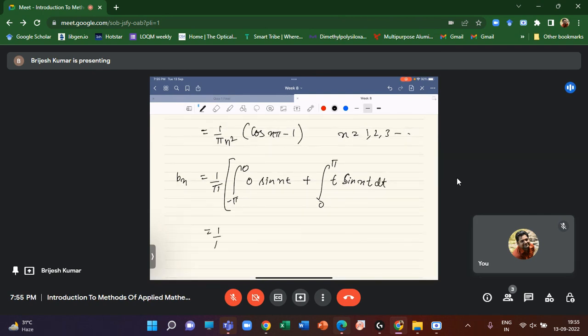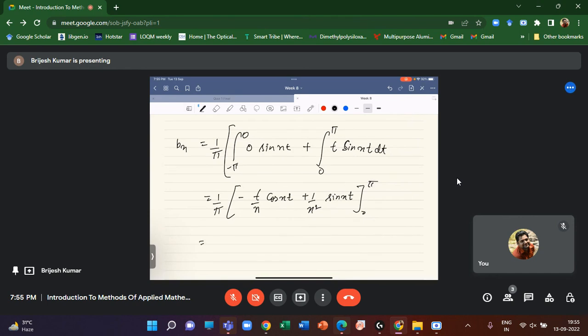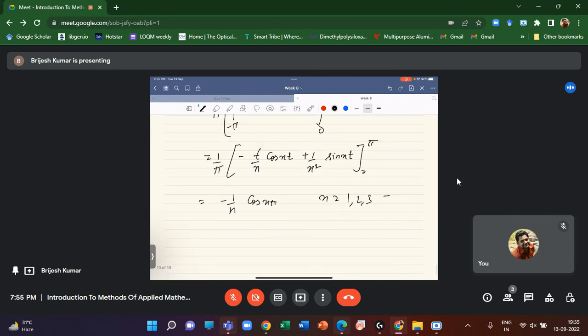So it will come 1 upon pi, minus t upon n cos nt plus 1 upon n square sin nt. This will be 0 to pi. So this will come out minus 1 upon n cos n pi, where n is equal to 1, 2, 3, dot dot dot.